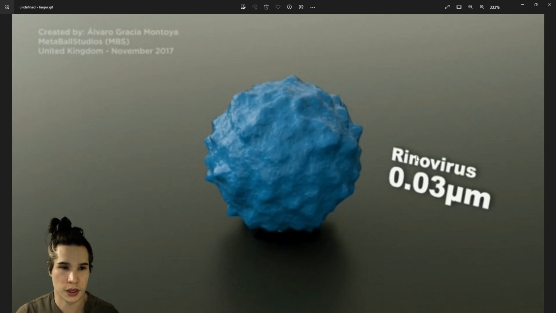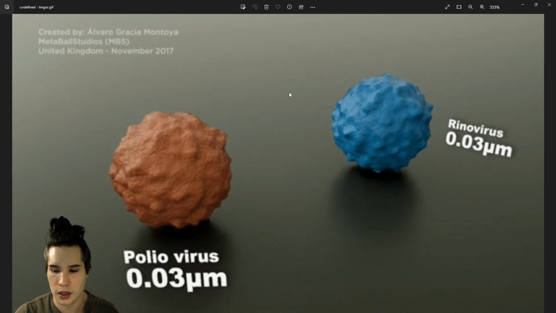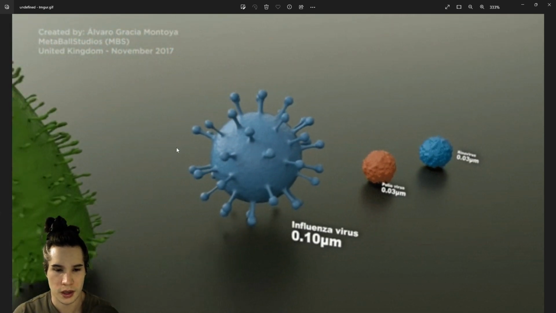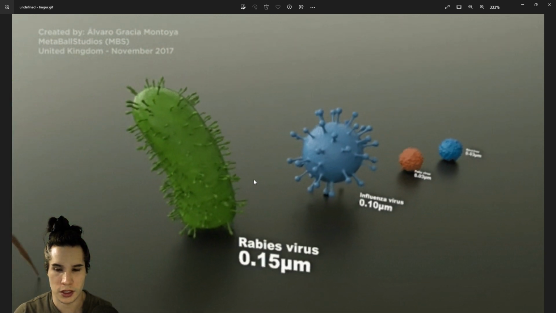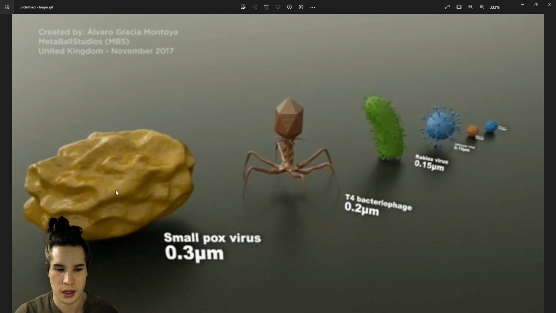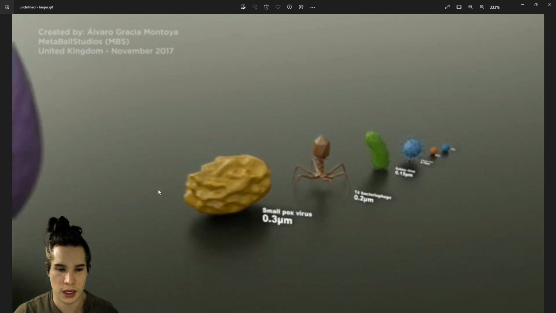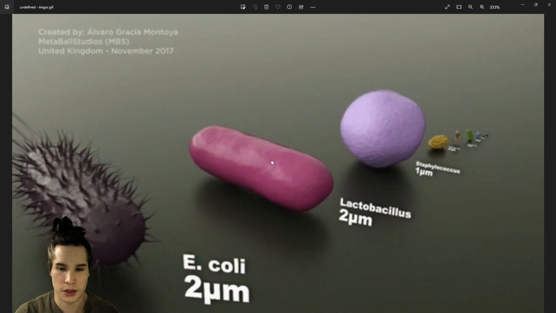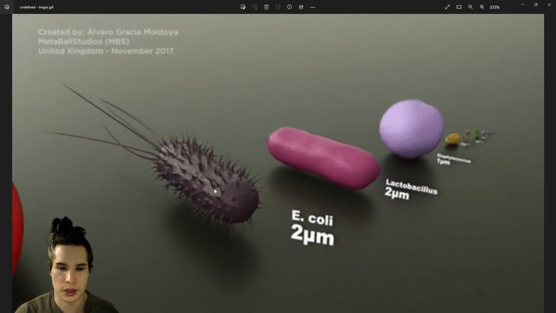So let's check out this scale for different particulates as well as cells, showing their relative size to one another. Here we just have some viruses, and eventually we'll make it to our first living organism, which is Staphylococcus, a bacterial cell. Same with Lactobacillus, E. coli.